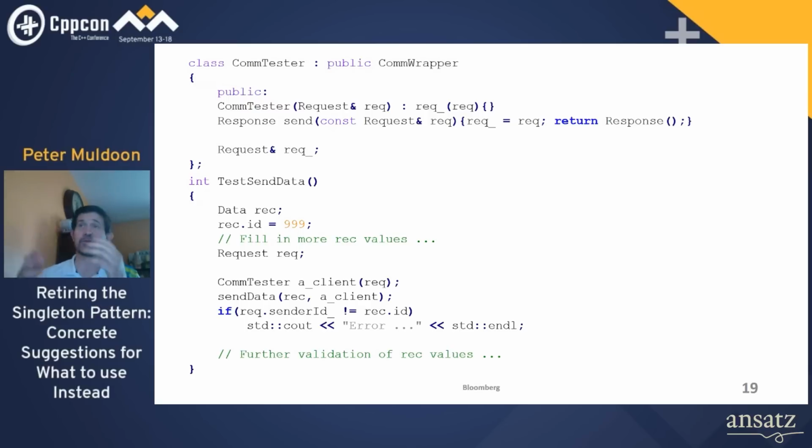The send data goes through its thousands of lines of permutating of data, putting it all together, and it will now be copied into my rec. And because of that, I can now do verification of what's in the request. So here I just check that the sender ID in the request is the same as the request ID. But I could do this for basically anything. The whole request becomes open for testing and examination.